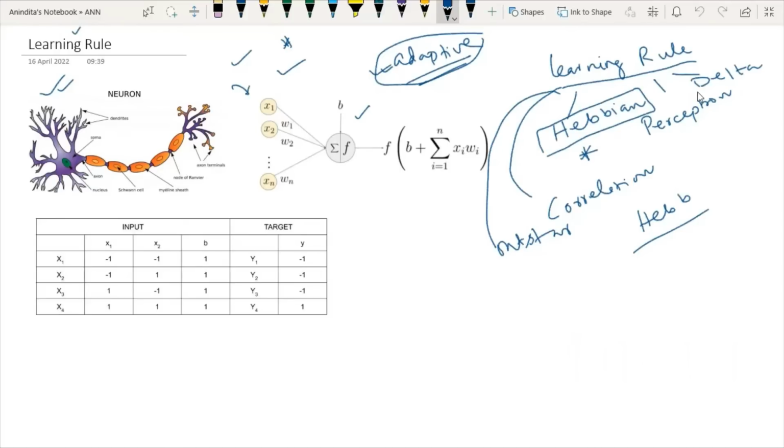We know the architecture of the neural network, but whenever we apply the learning rule, what is it actually doing? I can explain it in an elaborate manner, but I will discuss the basic outline of these two learning rules.